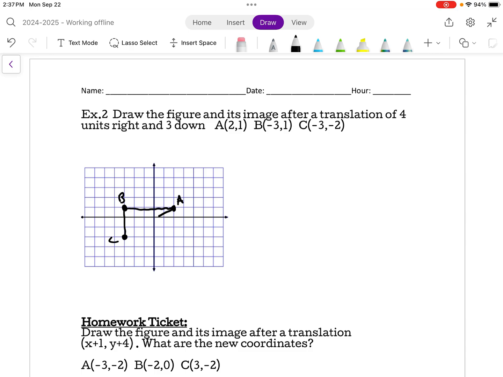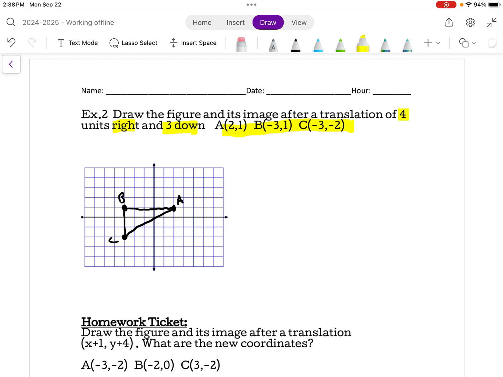Here's our original triangle, and what I'm going to do now is take these 3 points, and if you look at what else I highlight, I'm going to translate them 4 right and 3 down.